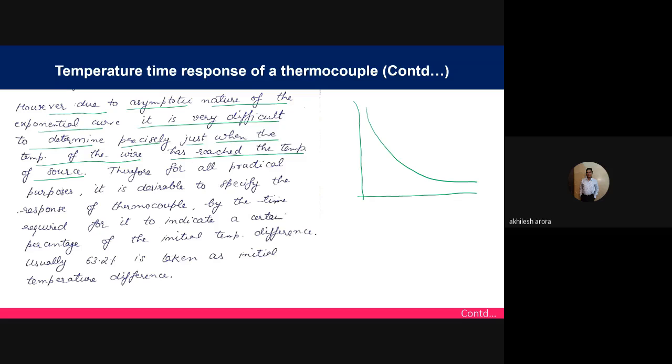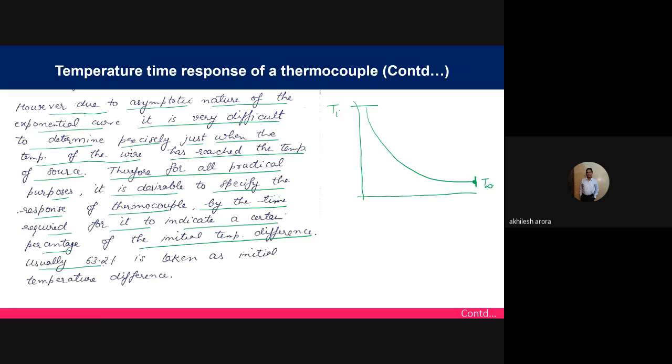If this is the source temperature T infinity and this is the initial temperature of the thermocouple, we can't say when the thermocouple has reached this particular temperature T infinity. Therefore, for all practical purposes it is desirable to specify the response of a thermocouple by the time required for it to indicate a certain percentage of the initial temperature difference.